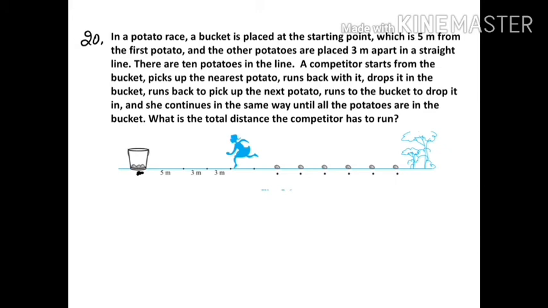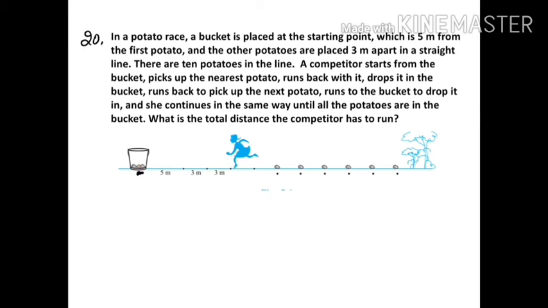In order to find this total distance, we will have to find the sum of distance covered in picking up first potato and putting it in the bucket, and the distance that the competitor runs in picking up the second potato and then putting it in the bucket, and the distance she runs to pick up the third potato and bring it back to the bucket.